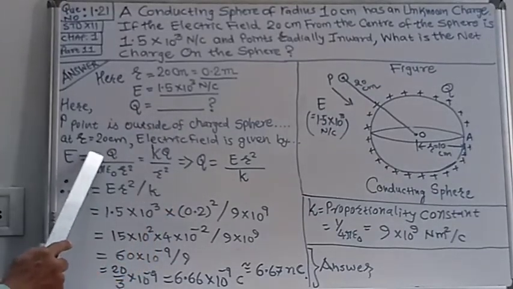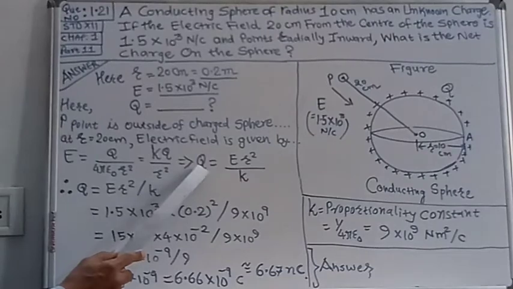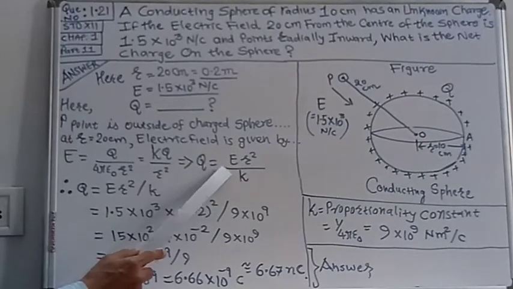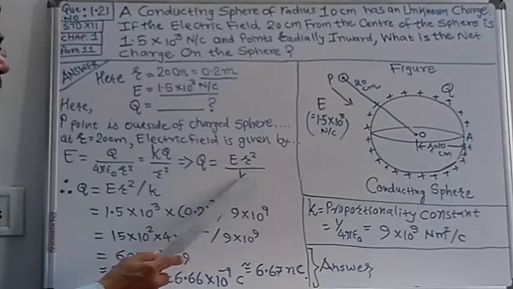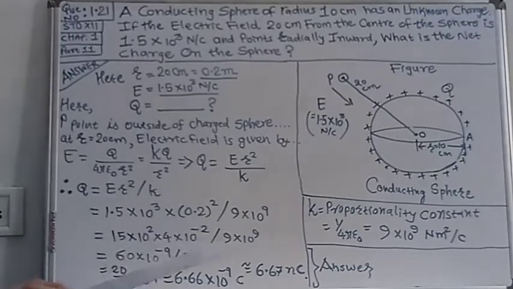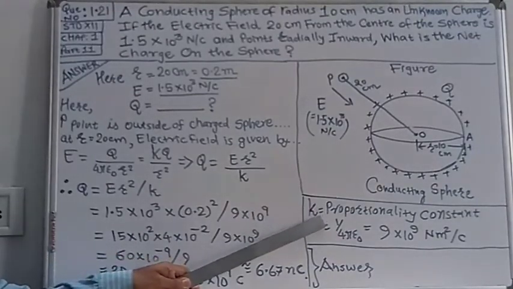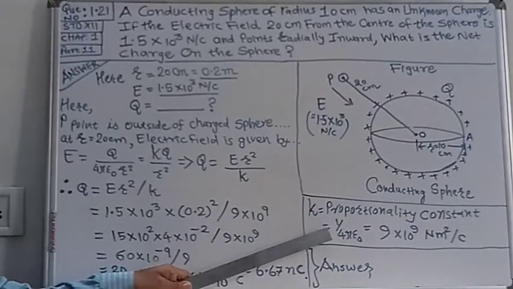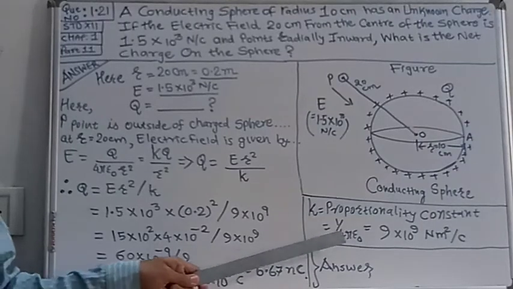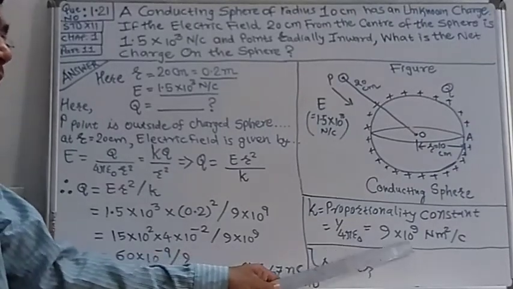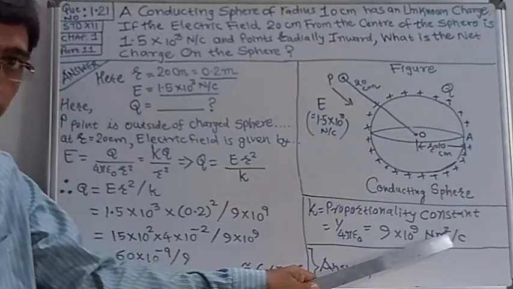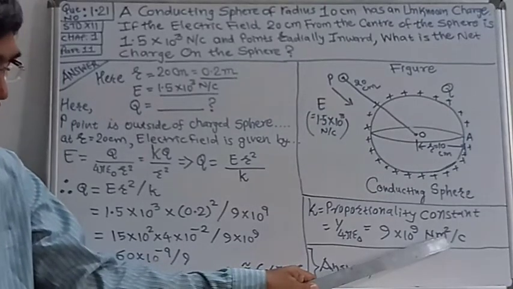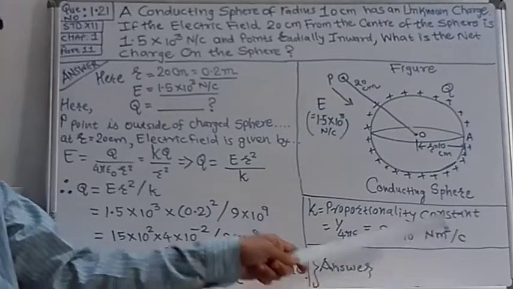So E equals KQ upon r square, that means Q is equal to E r square upon K. Here K is the proportionality constant, equal to 1 by 4 pi epsilon 0, which is 9 into 10 raised to 9 Newton meter square per Coulomb. This is a known value.